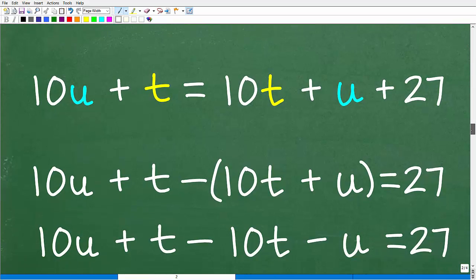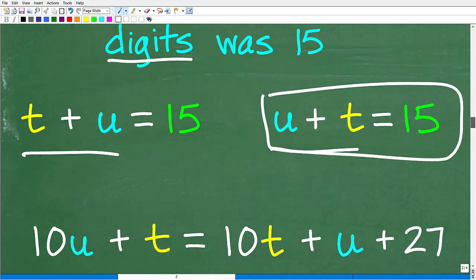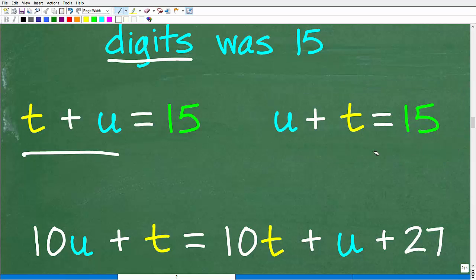So let's go ahead and clean up this first equation right here, as it does have a lot of work. So hopefully you can understand the algebra. What I'm going to do is move all these variables. I have u and t and u over here, then we have a number. So in terms of a system, what we want to do is get everything in this format.